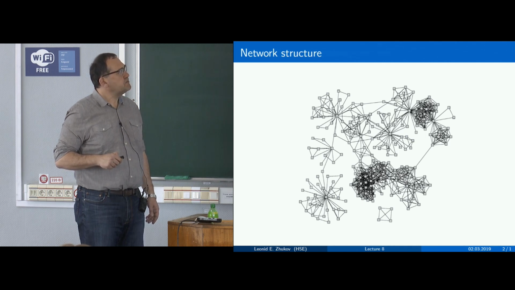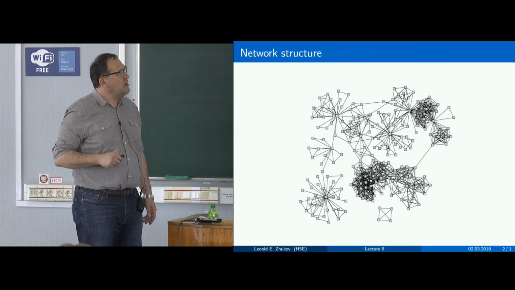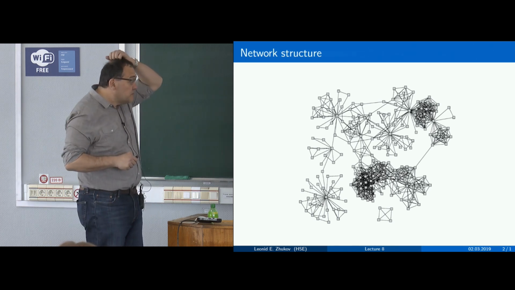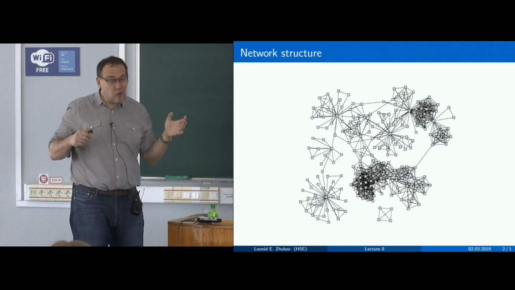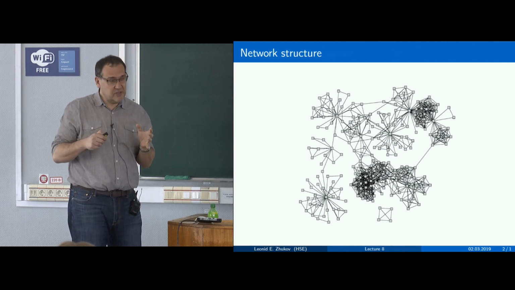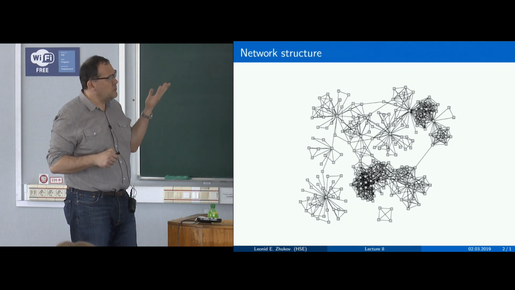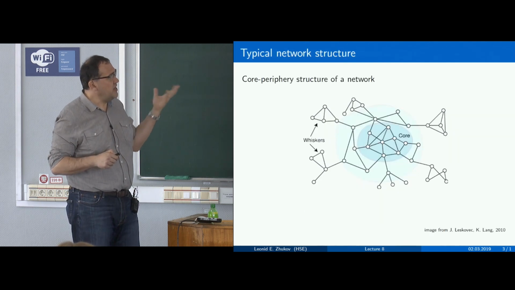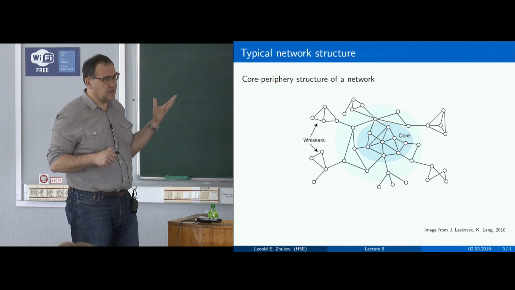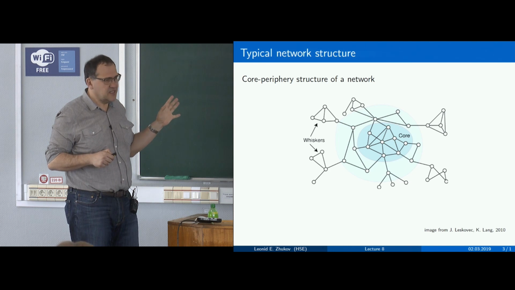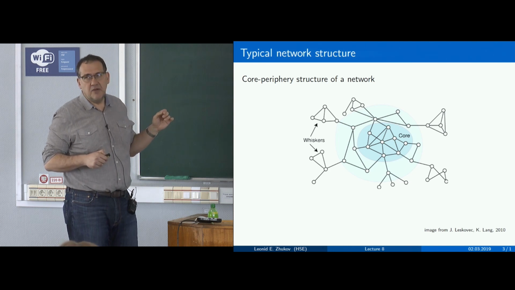And then there are a lot of nodes right there in the group. So, if I ask you to find within this graph some sort of core of the graph, like the central part of the graph, without yet defining what it is, where would that be? If you think about the geometrical part of the graph that might be the most central in some sense, where would that be?